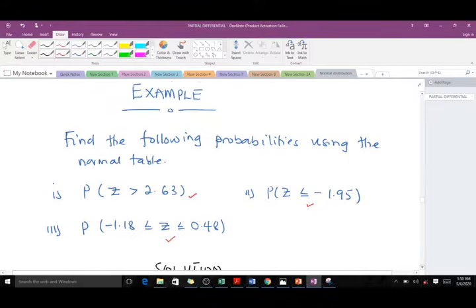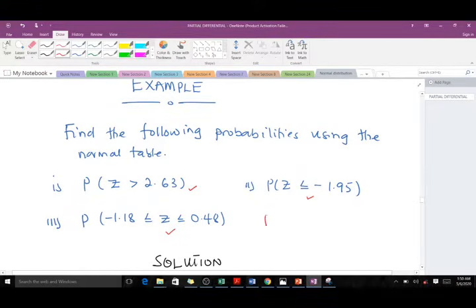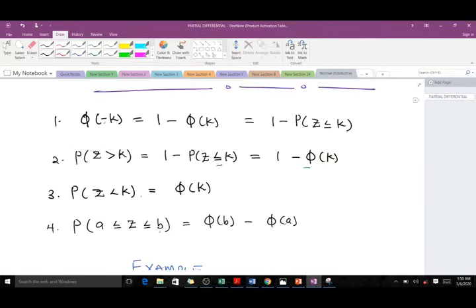So remember that we said that when you have probability of z being greater than a certain k, this was giving us 1 minus the phi of our k. I hope you remember something like this. Let me show you up here. So this is what I'm talking about. Probability of z greater than k is giving us 1 minus phi of k, this thing here.